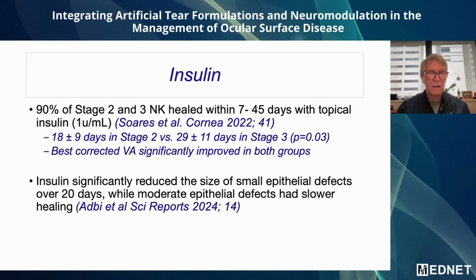It took 18 plus or minus 9 days in stage 2, and a little bit longer, up to about 30 days, in stage 3 to see complete healing, and best corrected visual acuity significantly improved in both stage 2 and 3 NK. Insulin significantly reduced the size of small epithelial defects over 20 days, while moderate epithelial defects had slower healing in another more recent report.